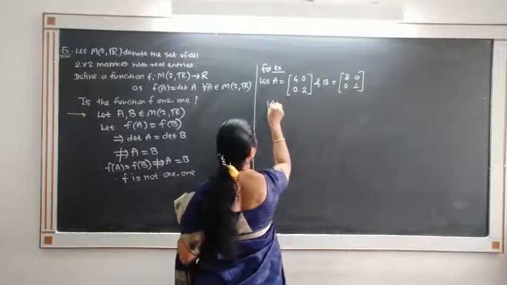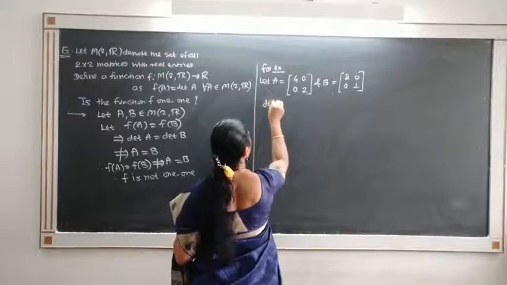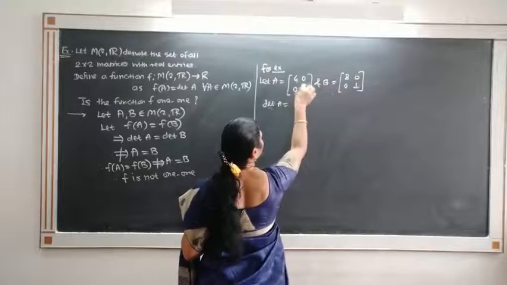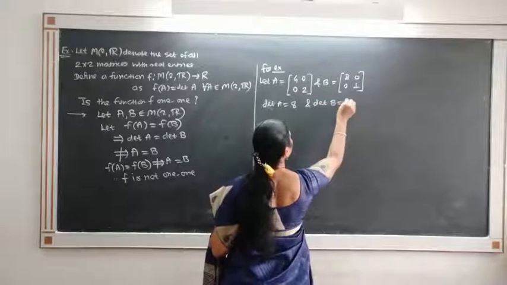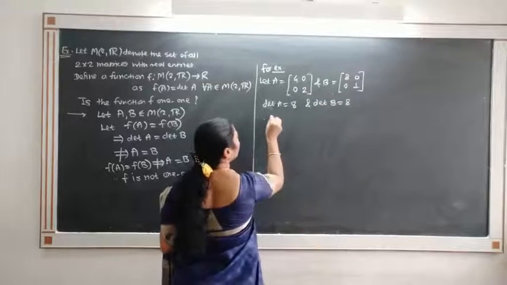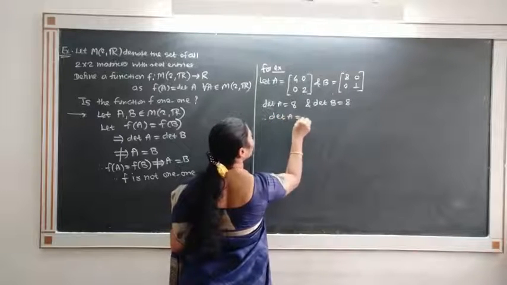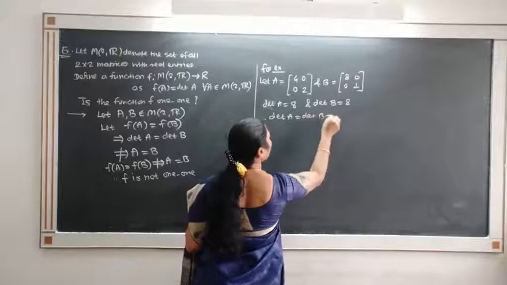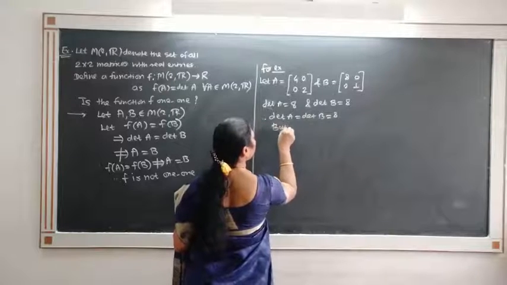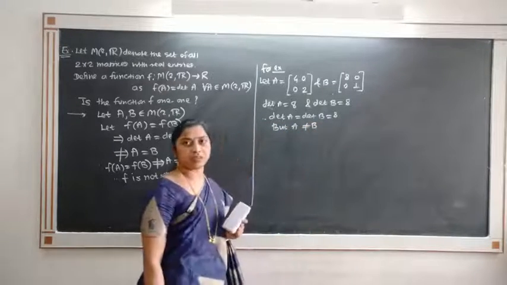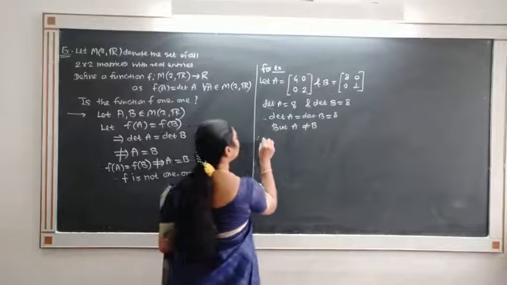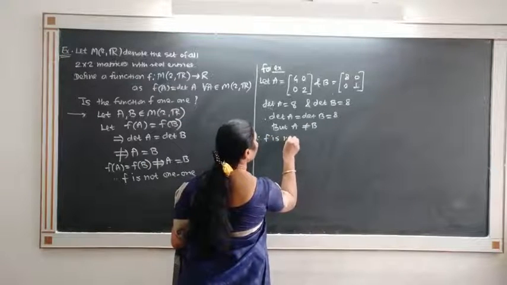Observe that determinant of A is 8, and determinant of B is also 8. So determinant A is equal to determinant B. Both are same, but matrices A and B are not equal matrices, and therefore the function f is not a one-one function.